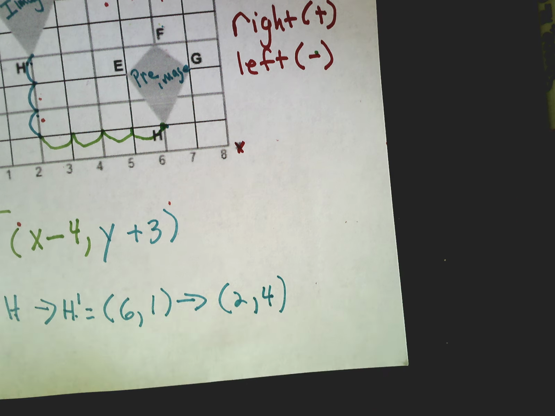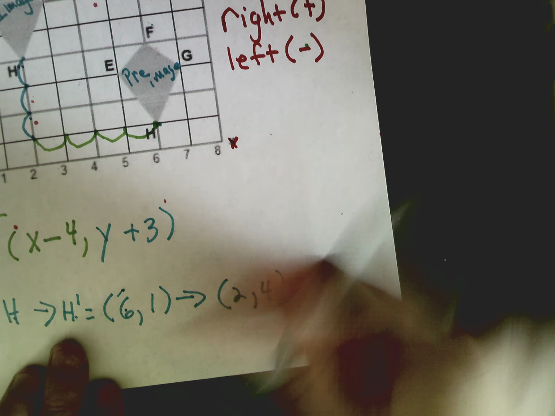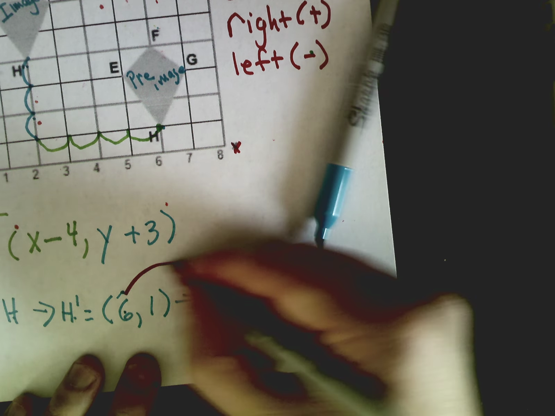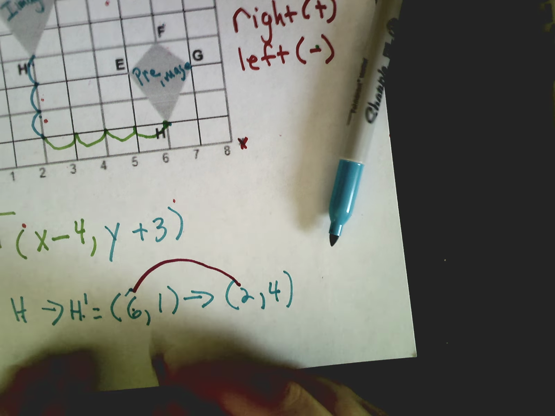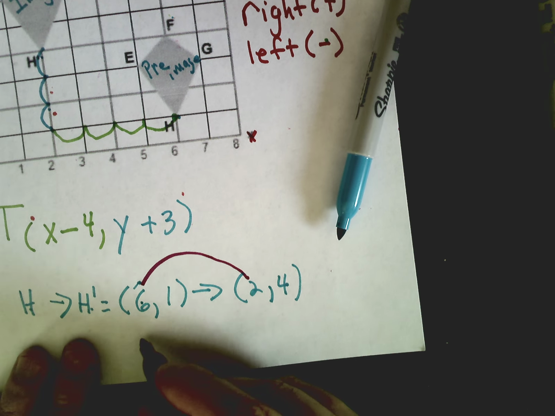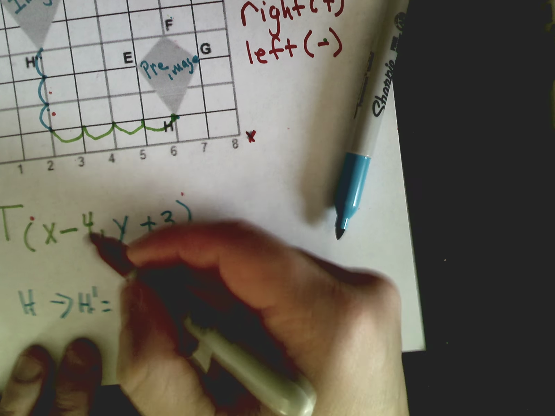And you look at that, and well, how do you get from 6 to 2? Well, if I wanted to go from 6 to 2, what operation would I have to do? So what I would do is I would take 6 and I would subtract 4, like my rule said.